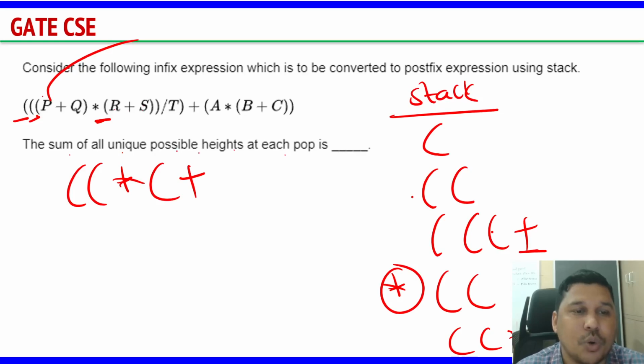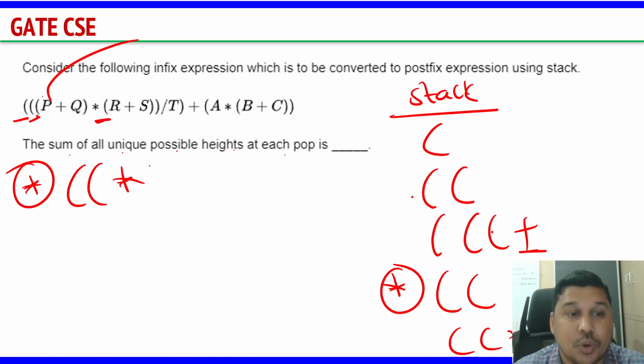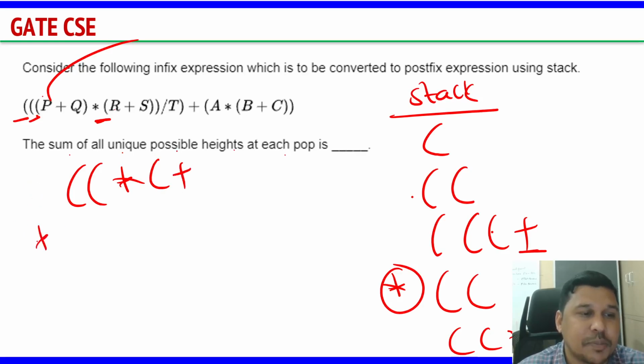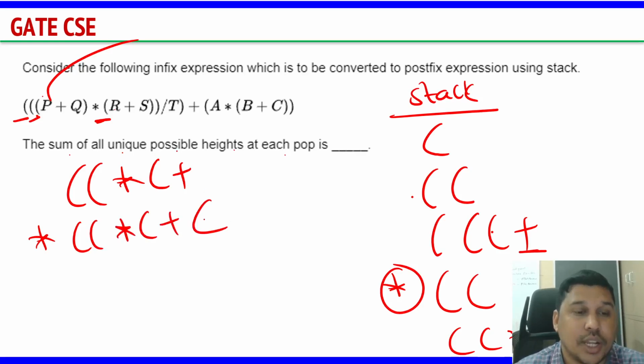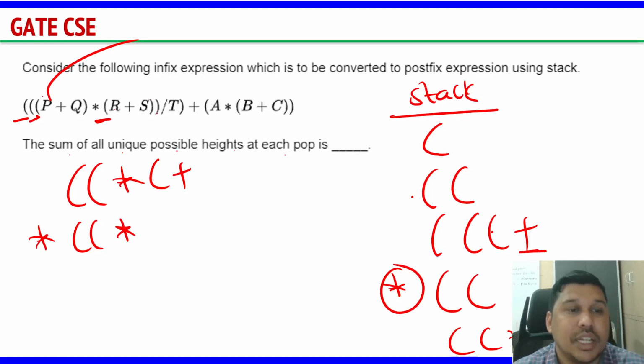Again output. Close means you have to pop it out. So these two you will remove. Then came another close. Again we have to pop it out. So it became only the round open bracket.